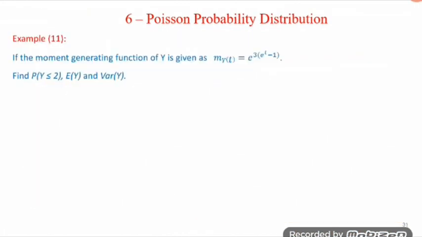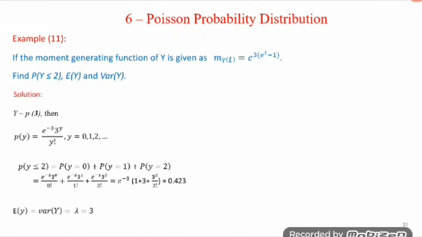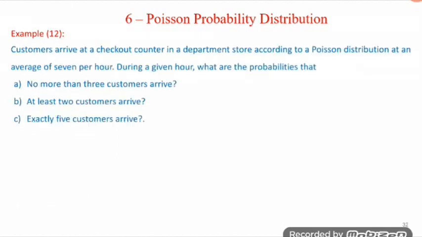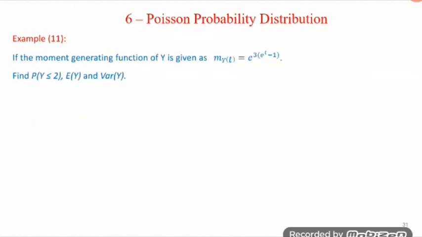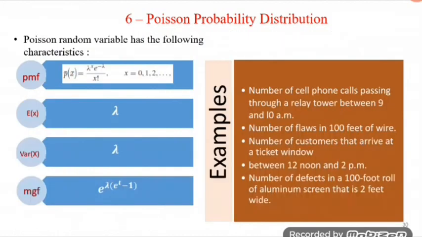Discussing some examples. Here we define a moment generating function of Y to be represented by this form, and we need to find this probability and the expectation and the variance. If we try to make a correspondence between this formula of the moment generating function and the previous one, we'll find a similarity to the formula of the moment generating function of the Poisson probability distribution with lambda equal to 3.